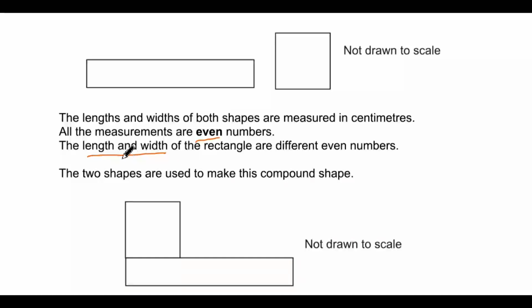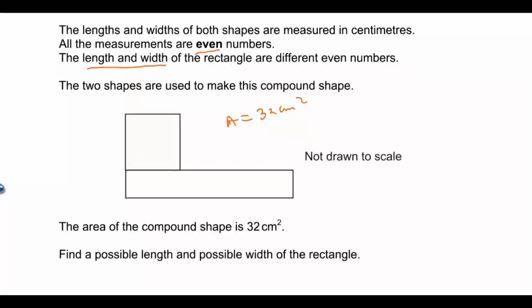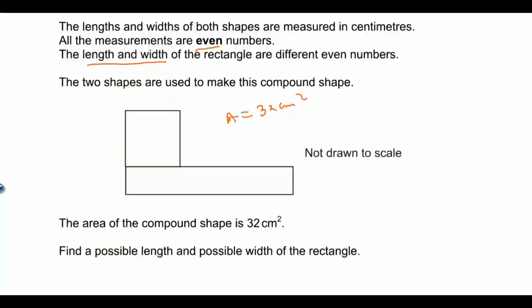That means the length and the width can share the same number with the side of the square. Then the two shapes are used to make this compound shape. The area is 32 centimeters squared. So let's find a possible length and width for the rectangle.